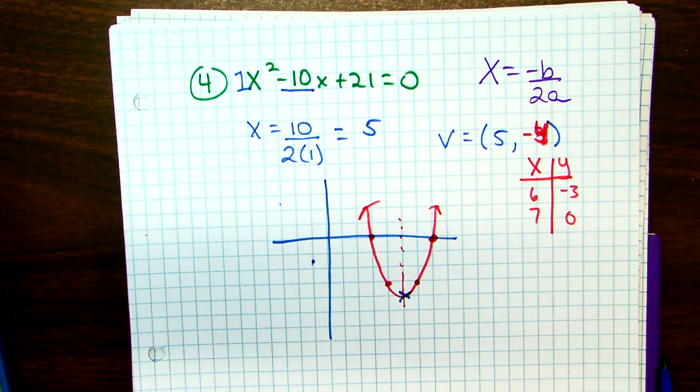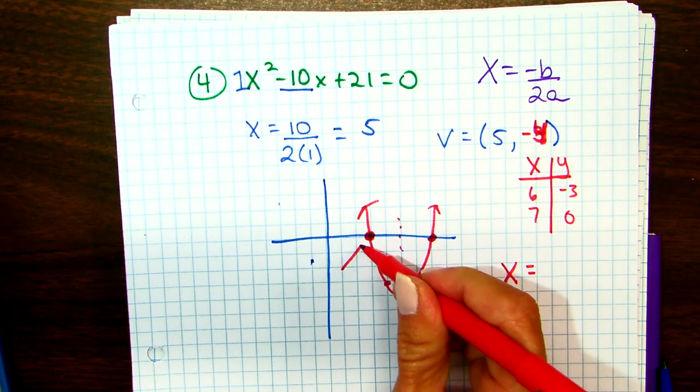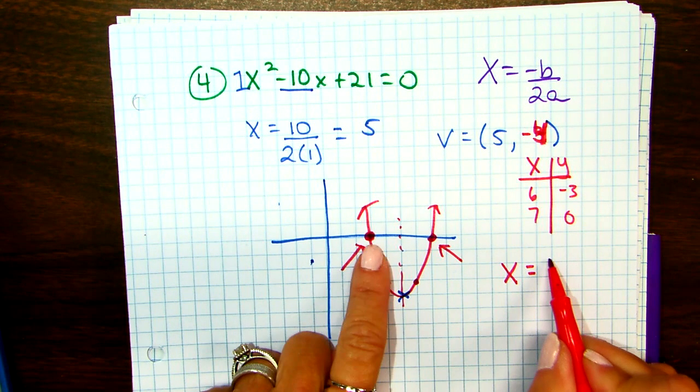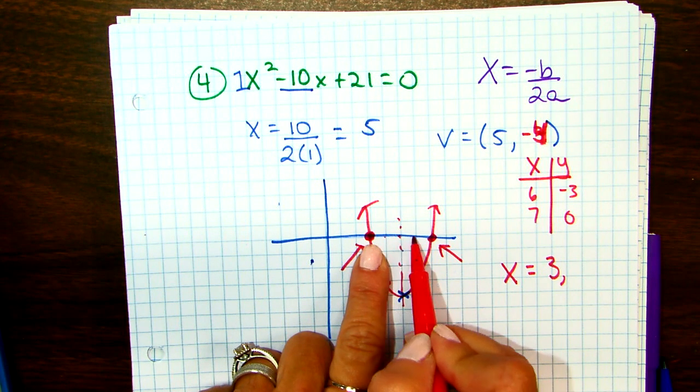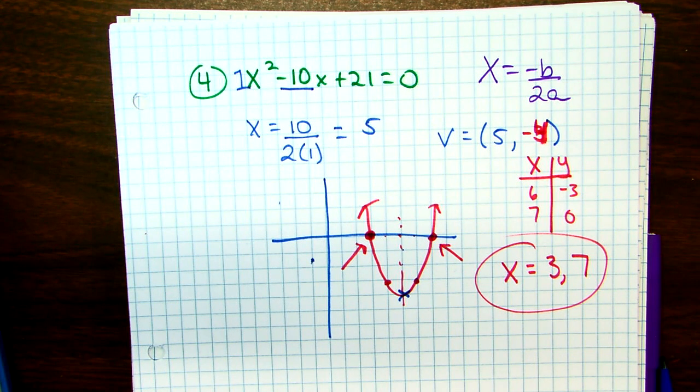Okay, so we clearly see we have how many solutions? 2. And we can name them just by whatever these are. That's a solution and that's a solution. So x equals 6 and 7. That's the answer. Okay?